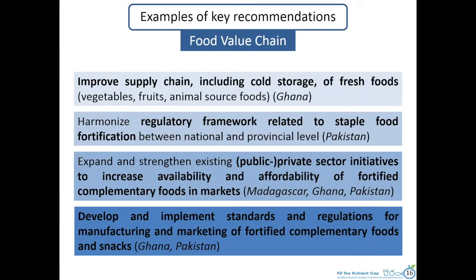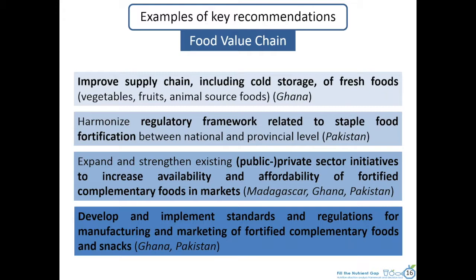Other examples are in the food value chain, and usually recommendations are divided by sectors. Here, an example from Ghana is improving the supply chain, including cold storage of different types of fresh foods, in particular in areas that have market access issues and geographic access issues.